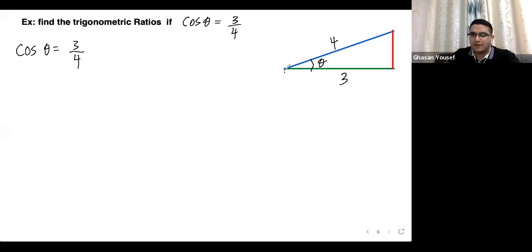The length from this point to this point is 3, and from this point to this point the length is 4. Now my question, what is the value here? To find this value, I'm going to name it x.